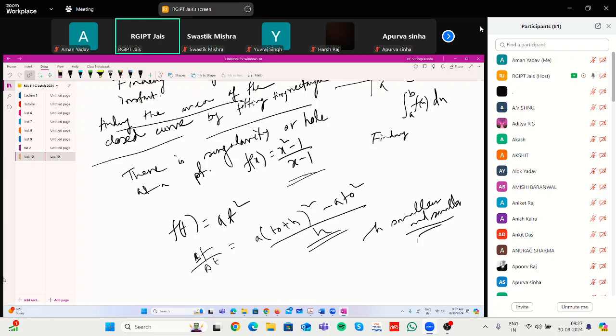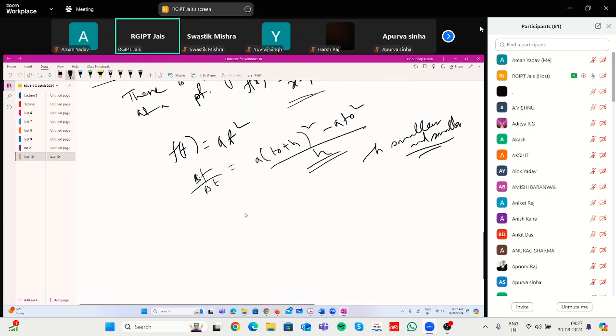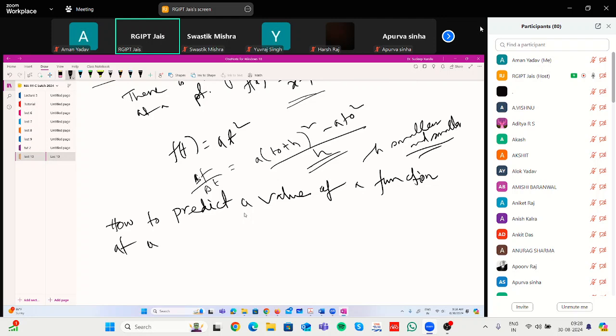So what we should write here is how to predict the value of a function at a point.